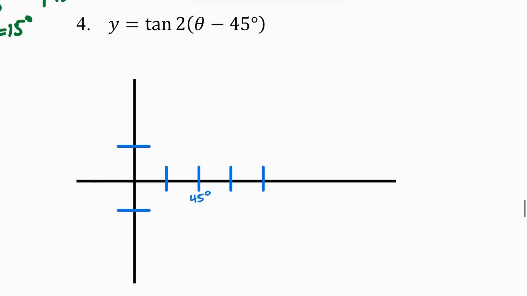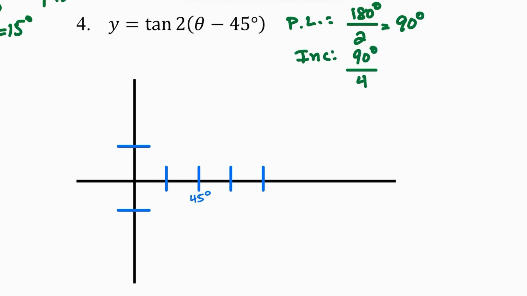Well, how do I know my quarter points? Well, my quarter points are going to be dependent on my b value, and remember that the original period length for tangent and cotangent is 180 degrees. So we're going to figure out that our period length is going to be 180 degrees divided by 2, so 90. That means my increment still for every graph is we're going to divide them into quarters.